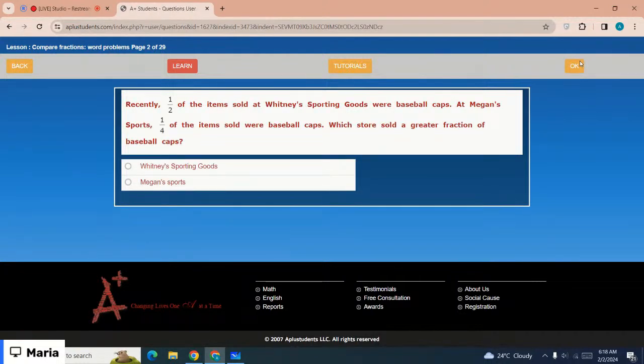Recently, half of the items, like 1 by 2 of the items sold at Whitney's Sporting Goods, were baseball caps. At Megan's Sports, 1/4 of the items sold were baseball caps. Which store sold a greater fraction of baseball caps? Which is the correct option?